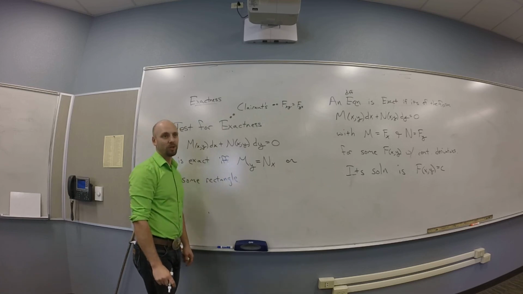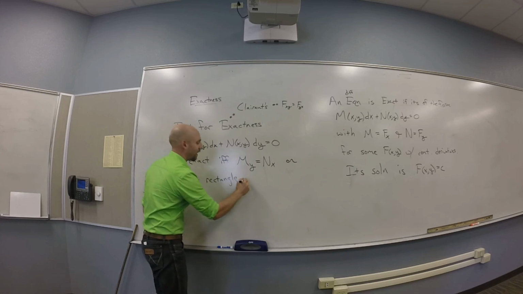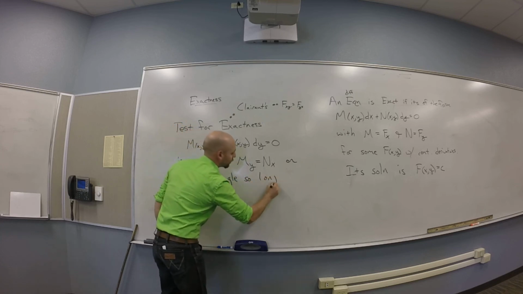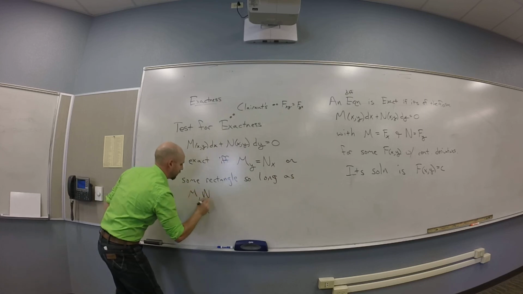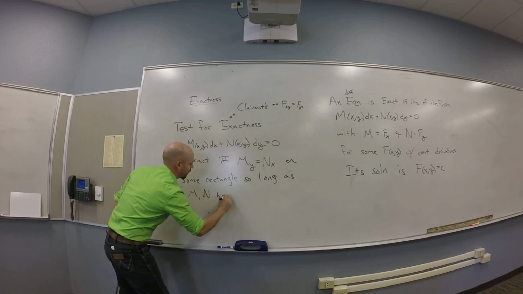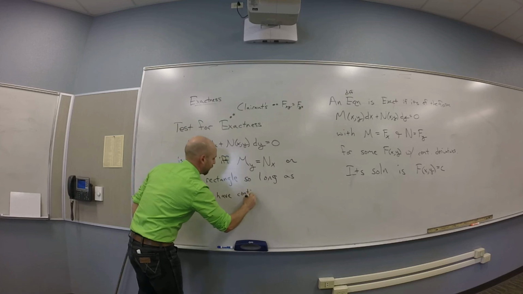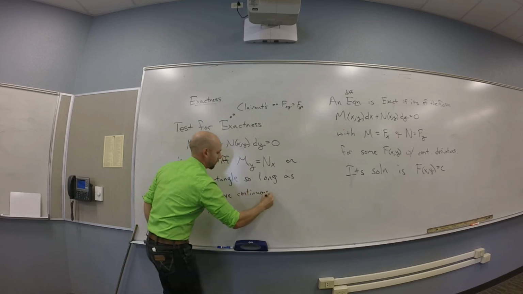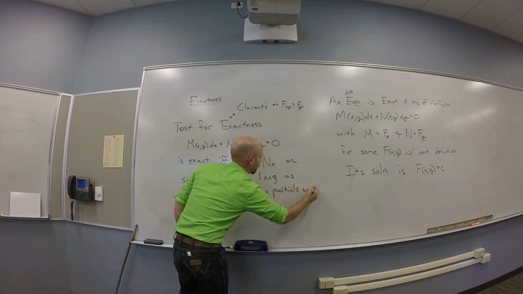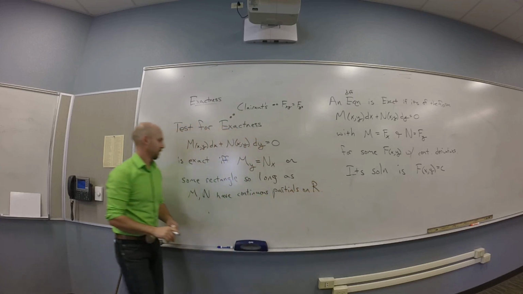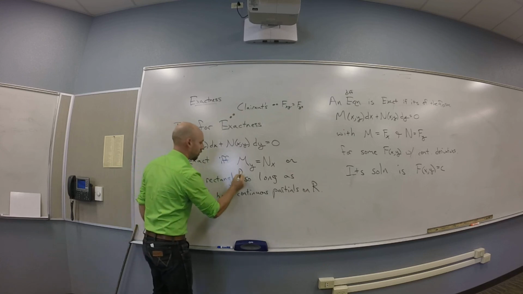Should probably assume that N and M have continuous derivatives, so they have to be continuous on that rectangle as well.